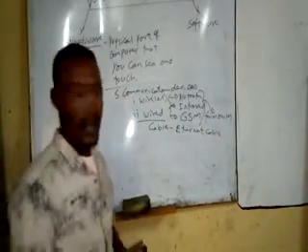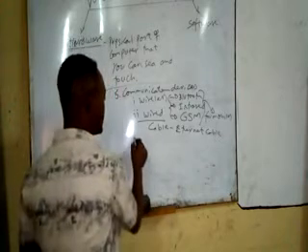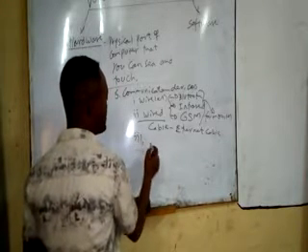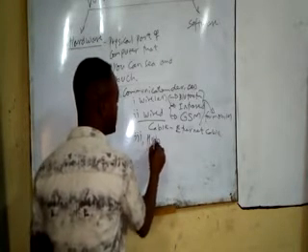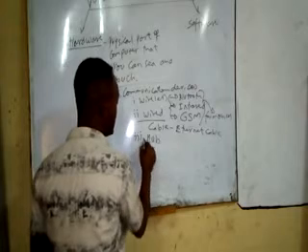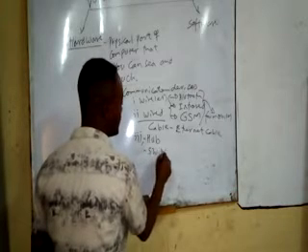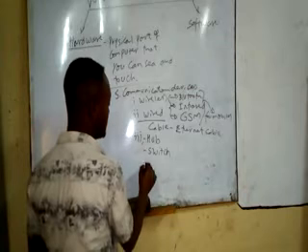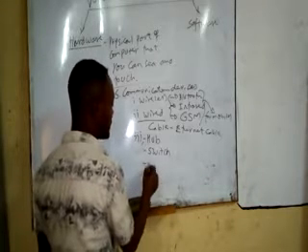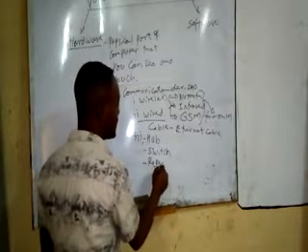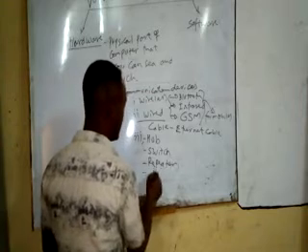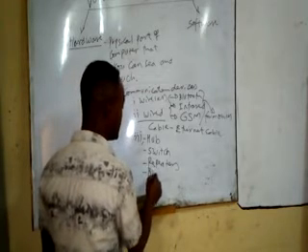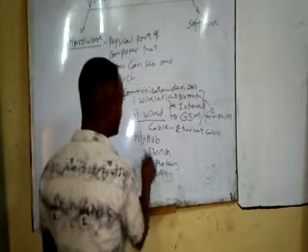And also there are other hardware devices, for example, hub, switch, repeaters, and bridges.